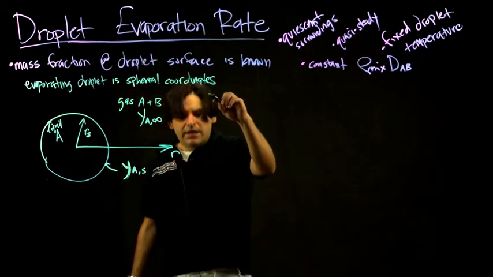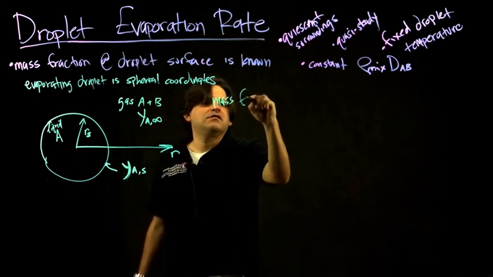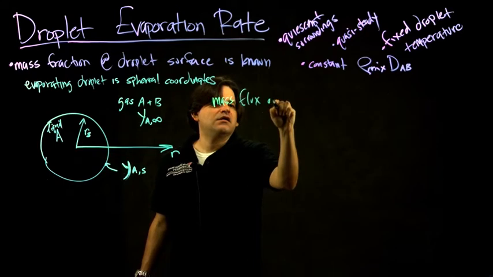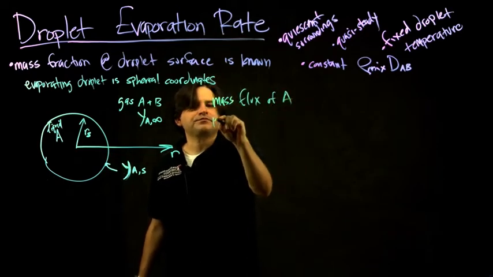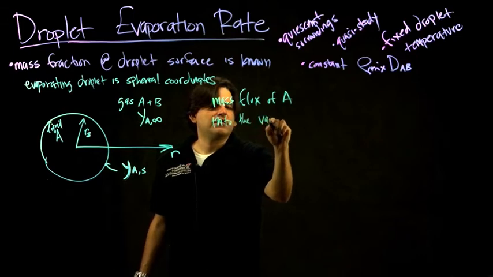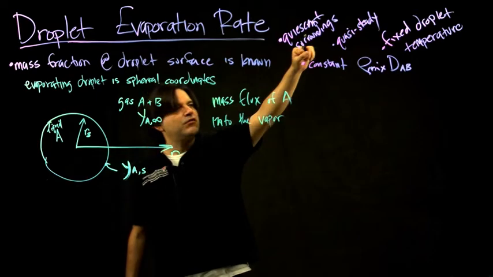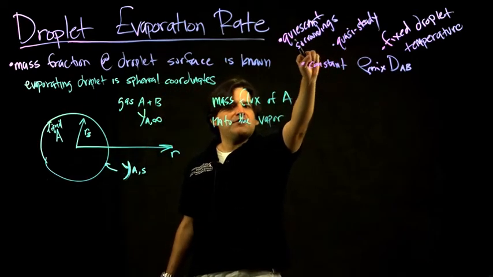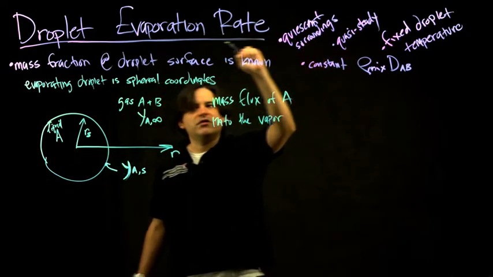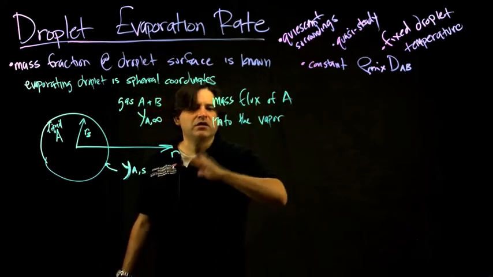If we're going to say mass flux of A into the vapor, it's related to the total mass flux, because if we consider we have quiescent surroundings, there's going to be molecules of B there, but it's not moving. It's not moving across an area.